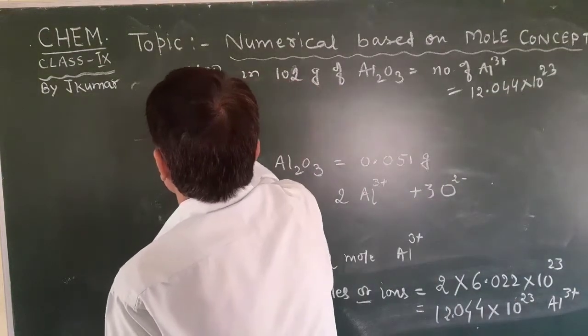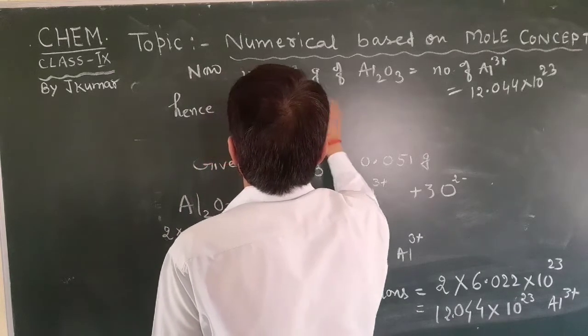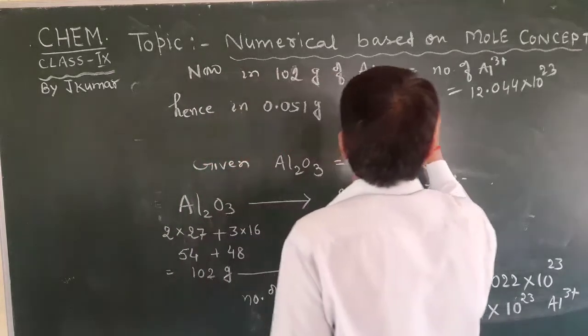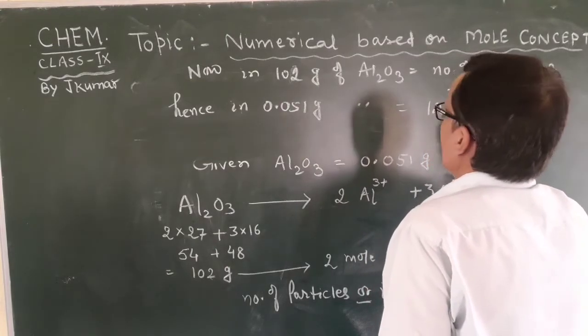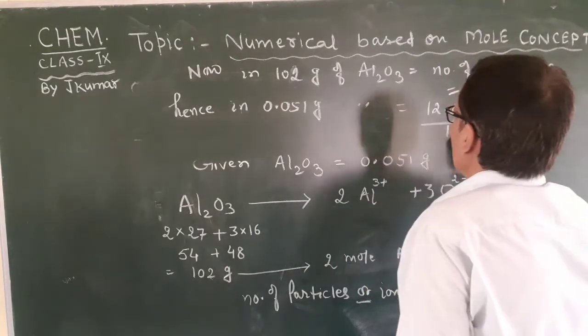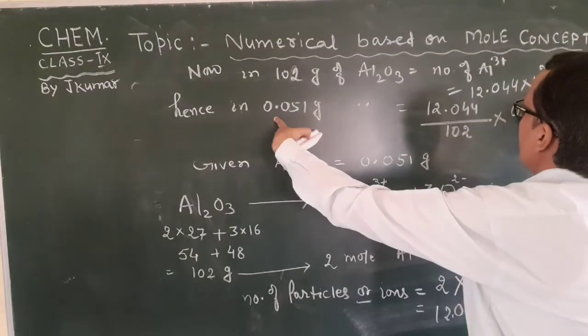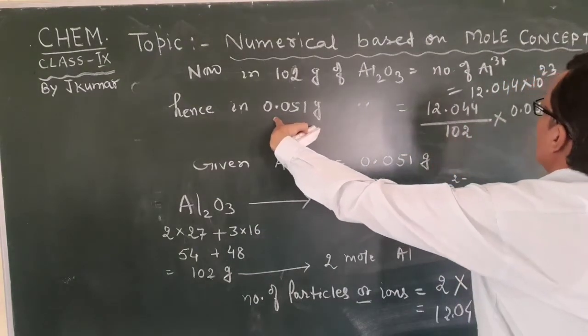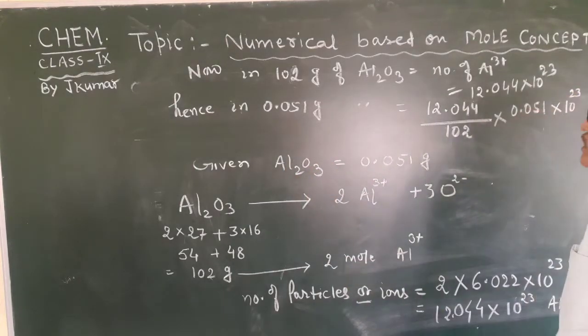Hence, in 0.051 gram of aluminium oxide, what will it be? 12.044 divided by 102 multiplied by 0.051, and this is into 10 to the power 23.